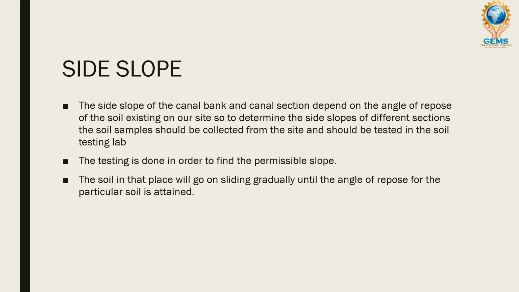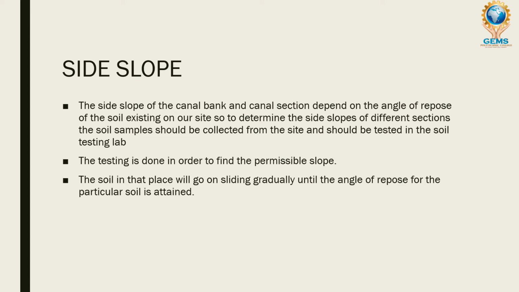You provide the canal bank in a sloping formation, at an angle. It may be a 45-degree angle, or sometimes a 60-degree angle. The slope depends on your design, the site conditions, and the type of soil present in the particular area.